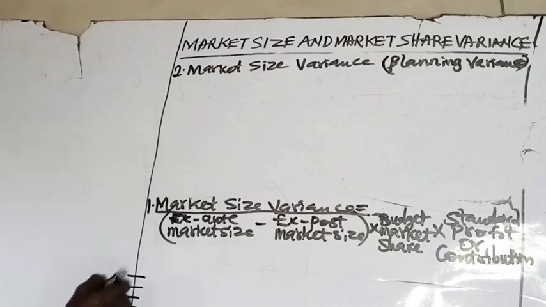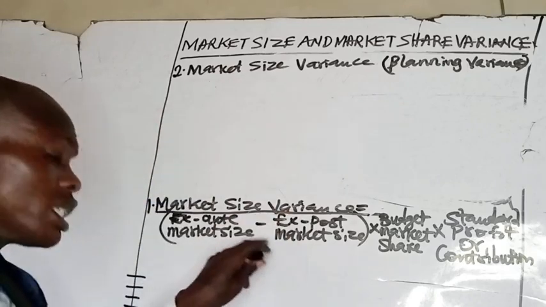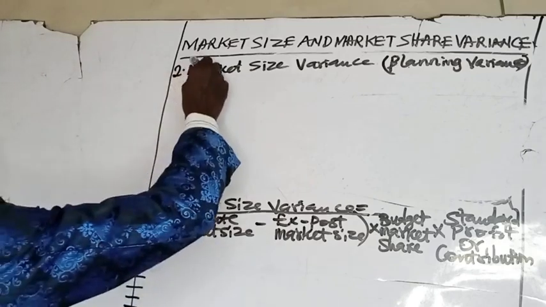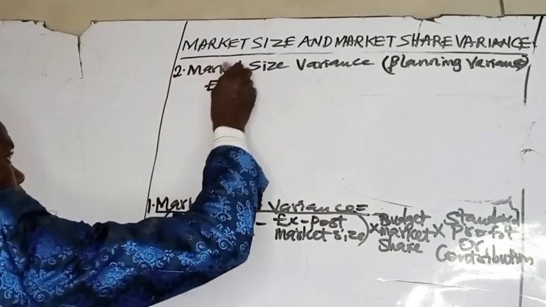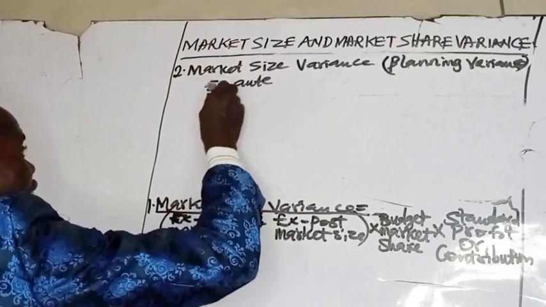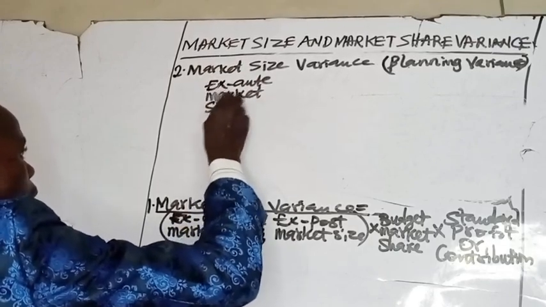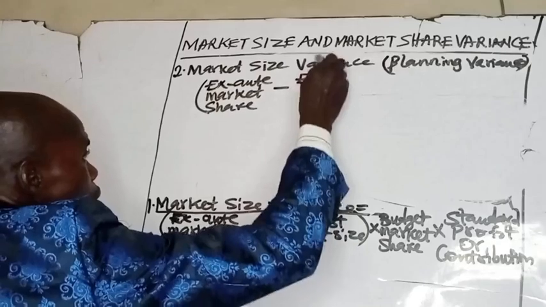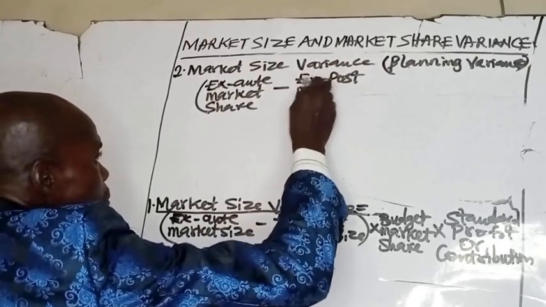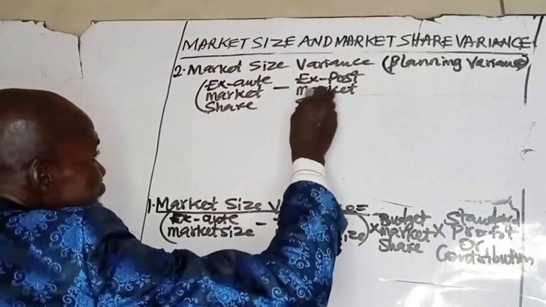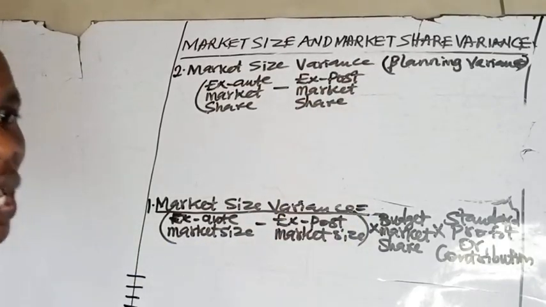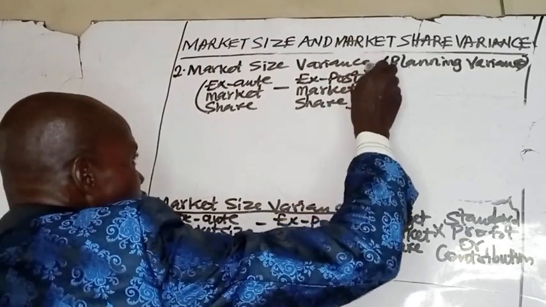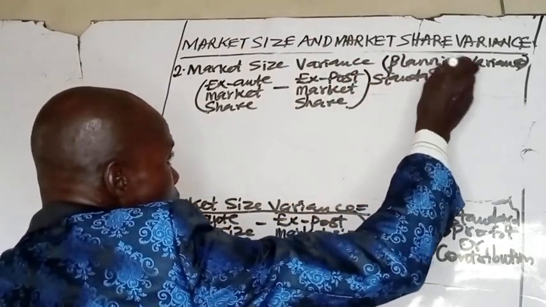So, if you don't want to use this formula, you can equally make use of this: ex ante market share minus ex post market share, multiplied by standard profit.